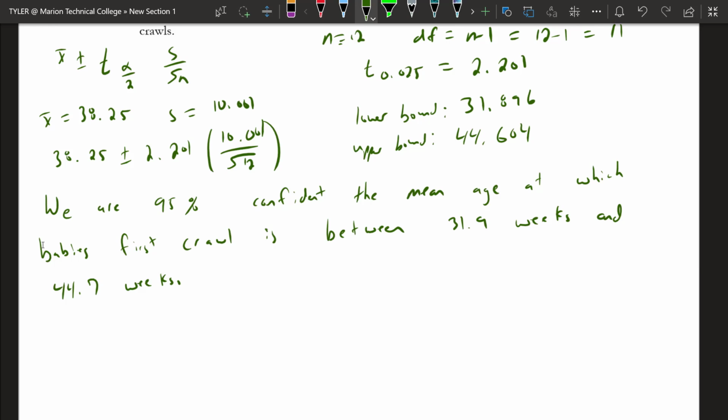Right. Or I guess we would say 44.6. Right, not 7, because I was just rounding to 1 decimal spot.